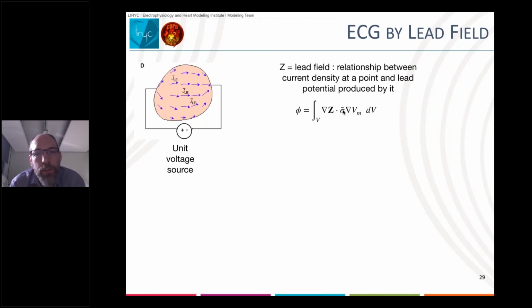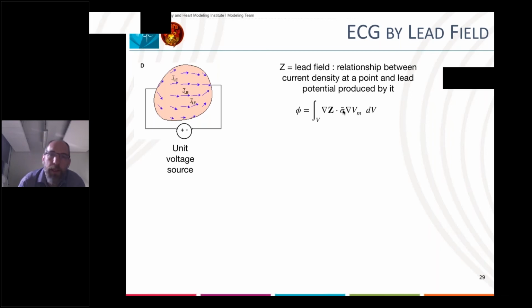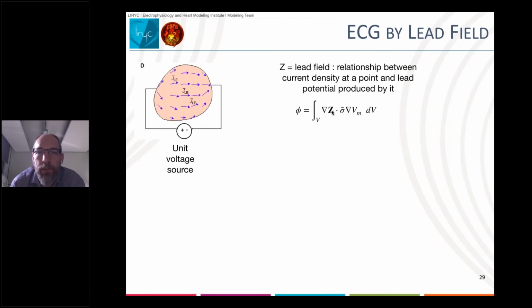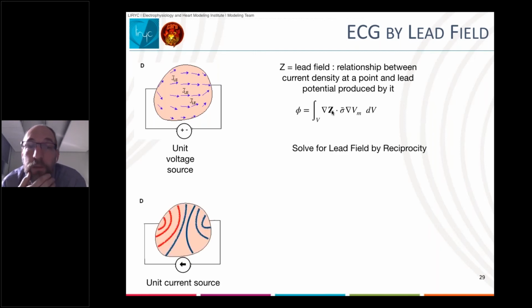Well, the gradient of the voltage times the conductivity is the current density by definition. And so the question is, how do we figure out this lead field? It turns out to be a simpler problem than it looks, because we can use reciprocity. The heart itself is a linear medium, because it's just resistive.